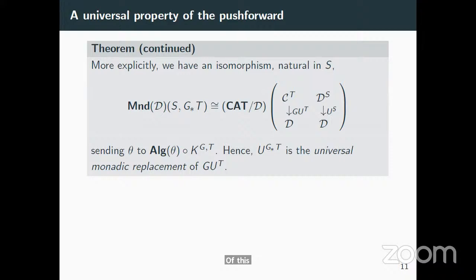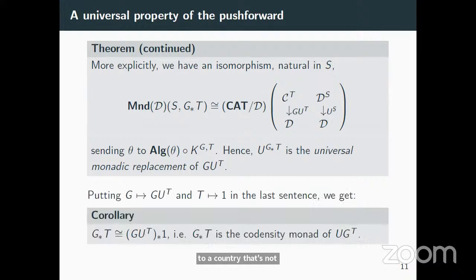Because anytime I can map out of this functor to a functor that's monadic over D, that corresponds to a map of monads. So one quick corollary from this is if in this last sentence I take G to be actually GUT and T to be the identity, then this last part here stays the same because G is now that, and E of the identity is just the identity.